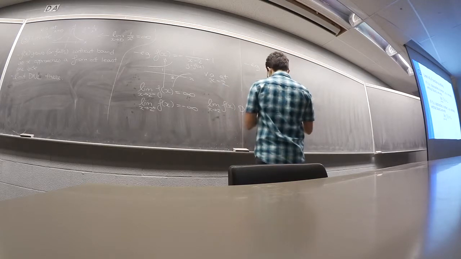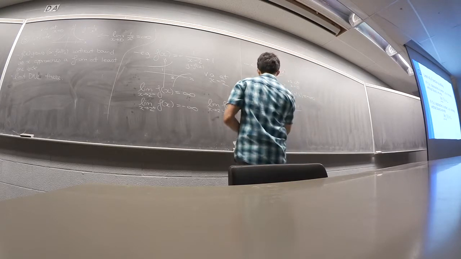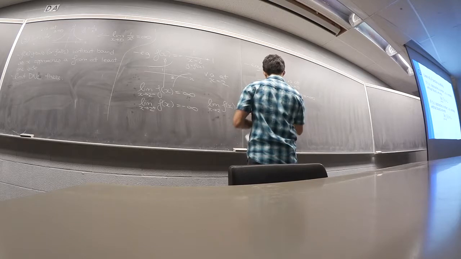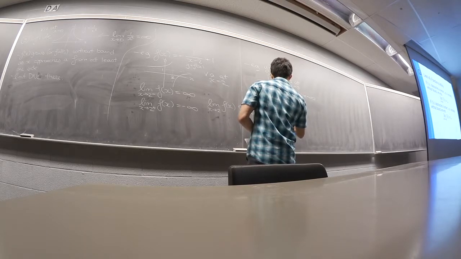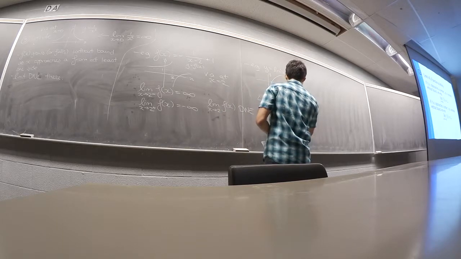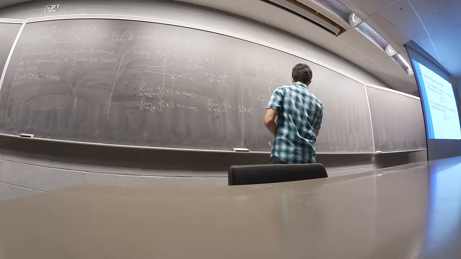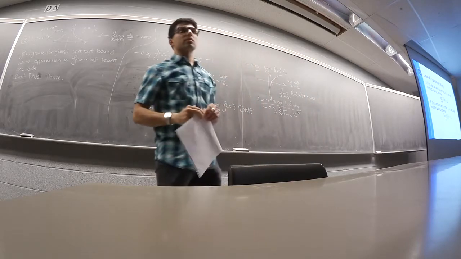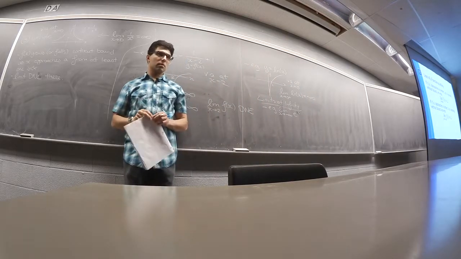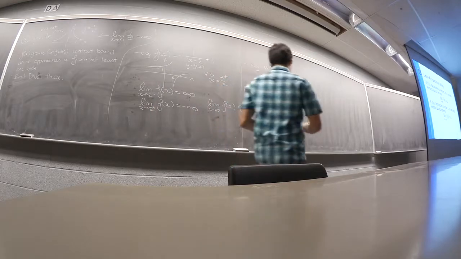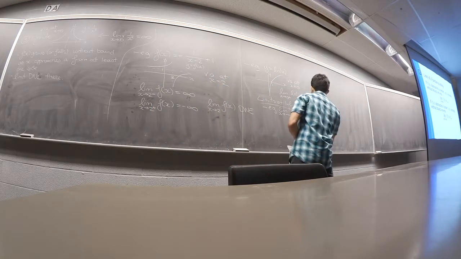Okay, so for example, as x decreases without bound, what does e to the x do? Does that limit exist? Is it a nice number? What does that look like?